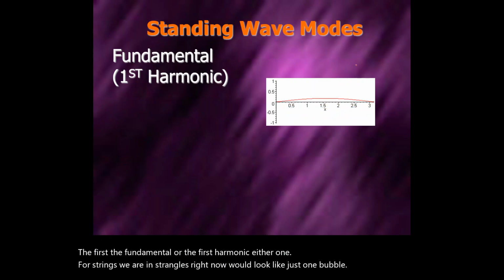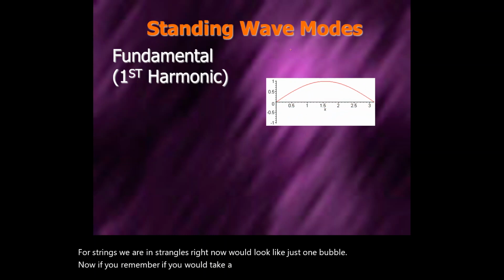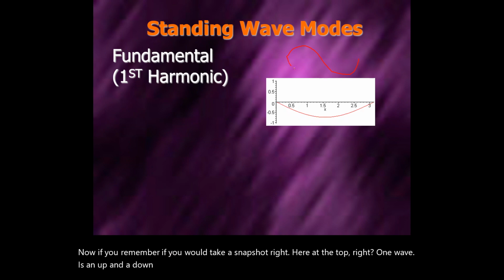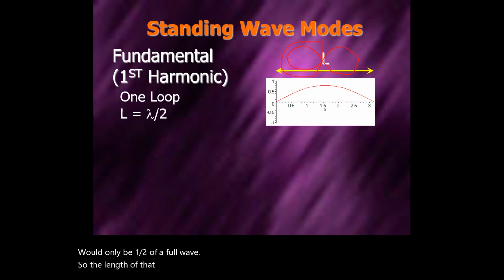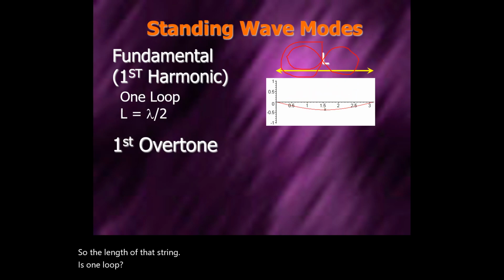Now, if you remember, if you were to take a snapshot right here at the top, right, one wave is an up and a down. So this, if I was to fill this in, would only be 1/2 of a full wave. So the length of that string is one loop, or lambda over 2, the wavelength cut in half.